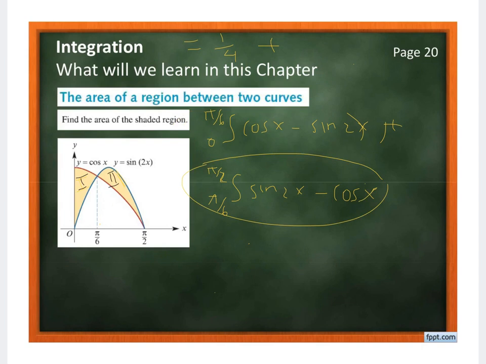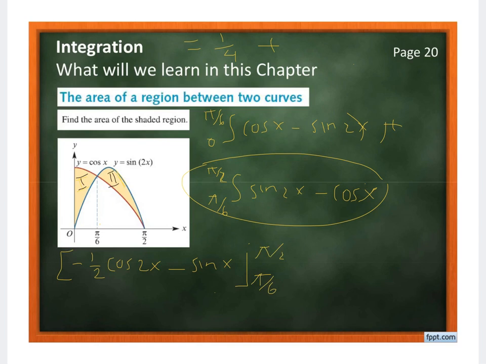The antiderivative of sin 2x equals negative 1/2 cos 2x, minus the antiderivative of cos x, which is sin x. The interval is pi over 6 until pi over 2.